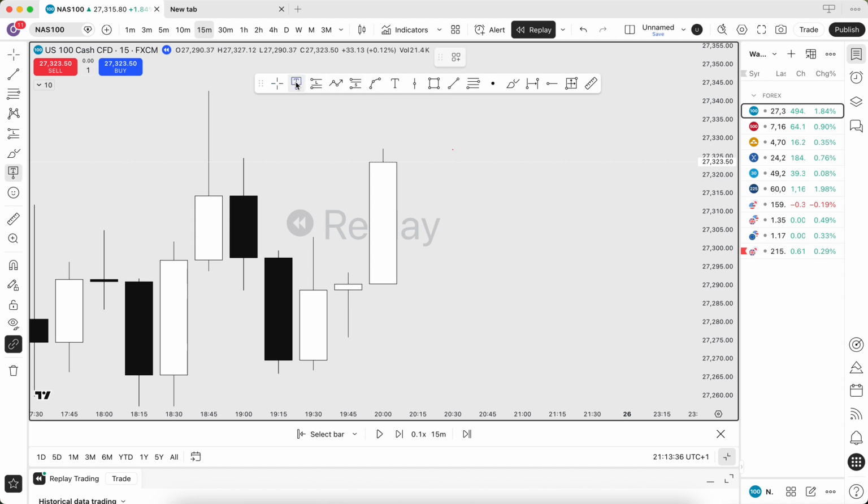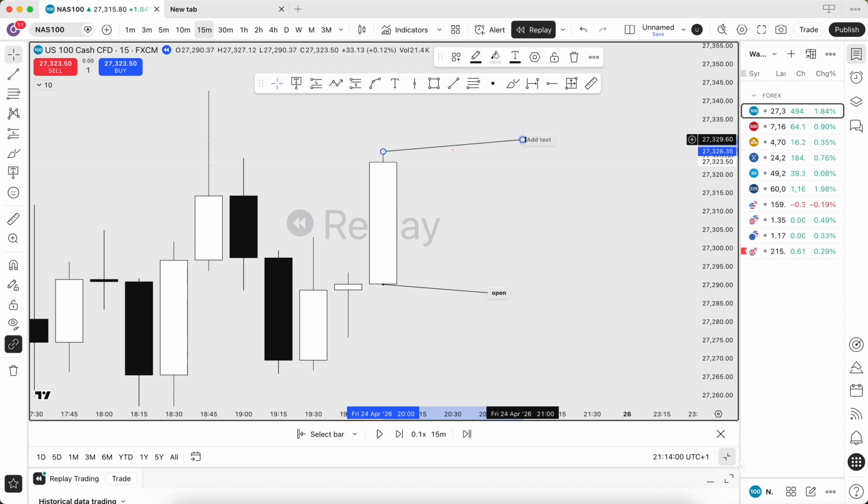Remember what I told you, OHLC. This is the open of this candle. This one doesn't have a wick, so the candle opened here, this is the open. Now what's the high? The high of this candle, this is the high.